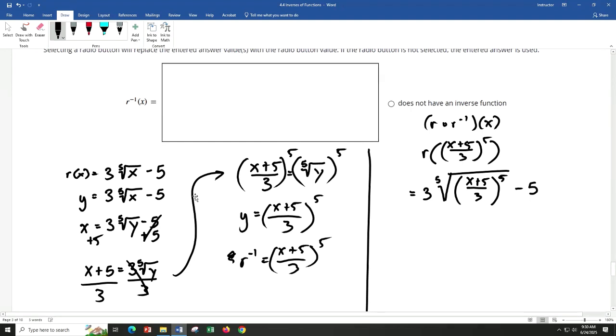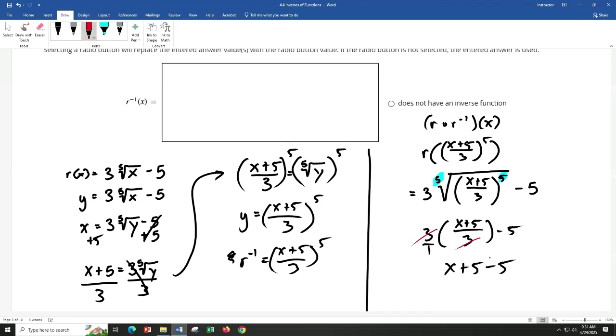Okay. Notice on this one, hey, the roots disappear. Right? The power gets rid of the index. So then I'm gonna be left with 3 times x plus 5/3 minus 5. But realize this is 3/1, so therefore it does reduce out. Leaving me with x plus 5 minus 5, which of course, gone, equals x. Your math worked out.